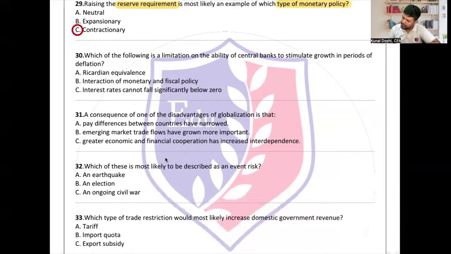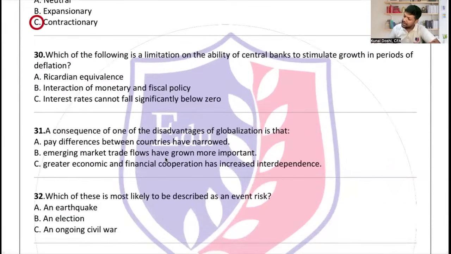Next. Which of the following is a limitation on the ability of a central bank to stimulate growth in periods of deflation? Guys, what is the situation in deflation? Normally, when a central bank wants to increase the economy, they will reduce the rates. But deflation is a situation where the interest rates are already near zero. So can the interest rates go below zero?